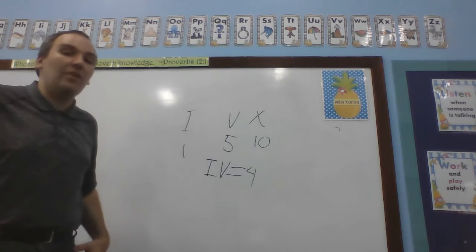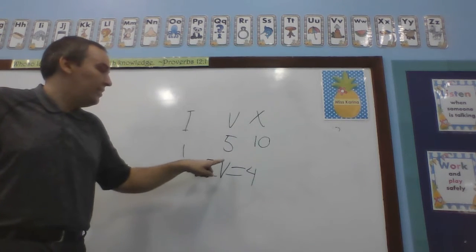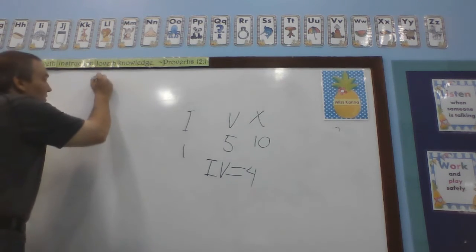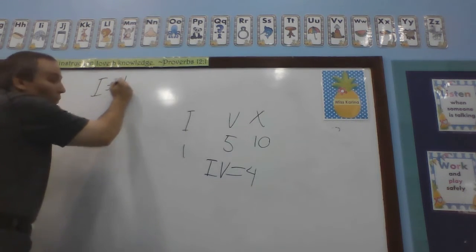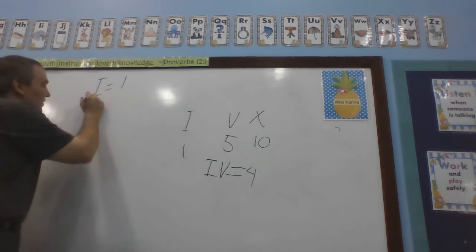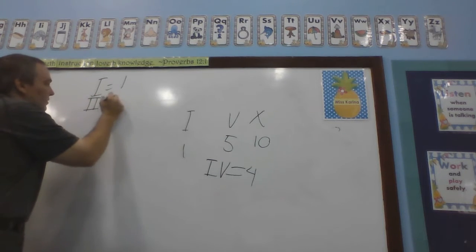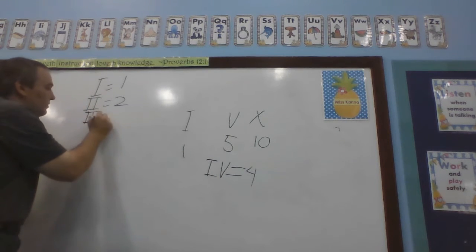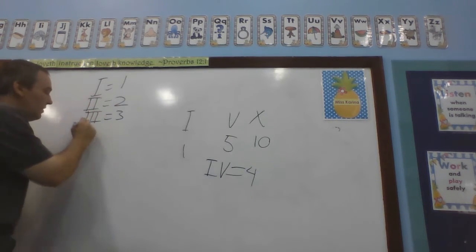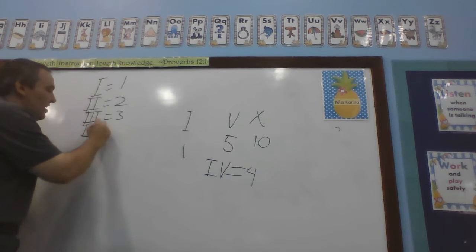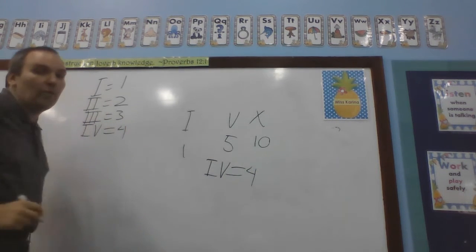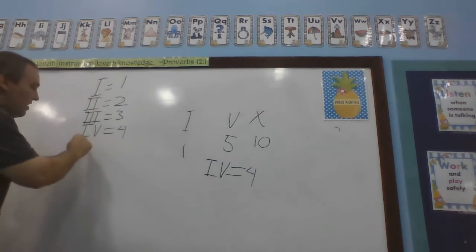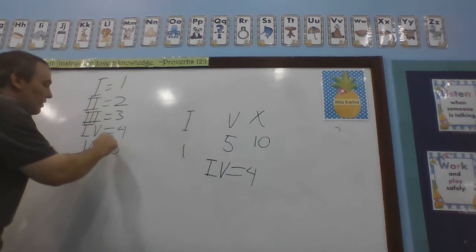So here we go. 1 I is 1. 2 i's is 2. 3 i's is 3. IV is 4. And we can see here that V is 5.